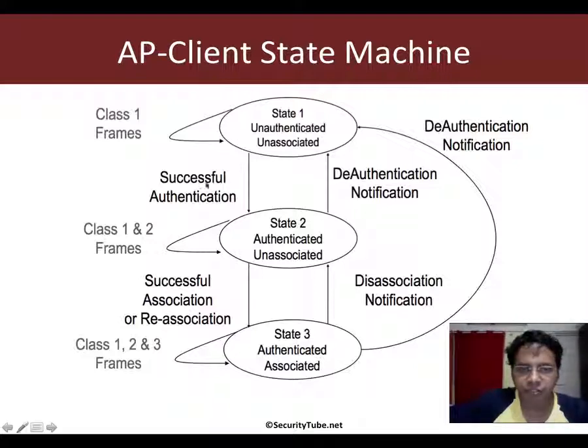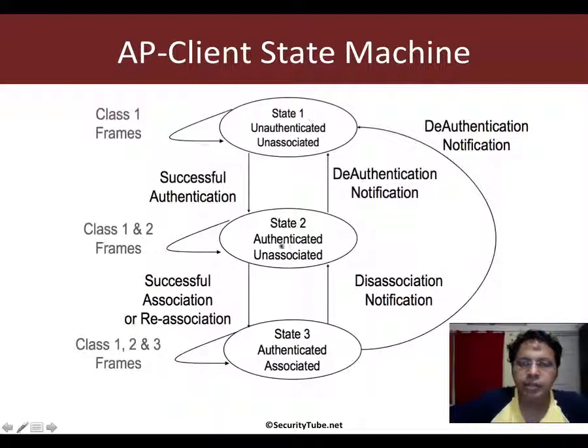If a successful authentication happens, then they go to state 2, which is authenticated but still unassociated. From here, the association request and association response happens. If it succeeds, then they go to state 3, which is authenticated and associated. After this stage, data transfer can happen.